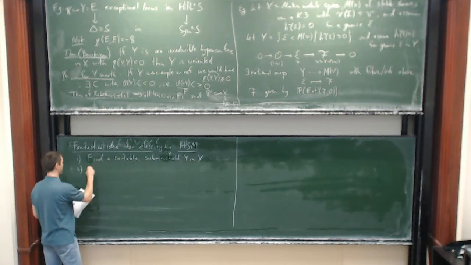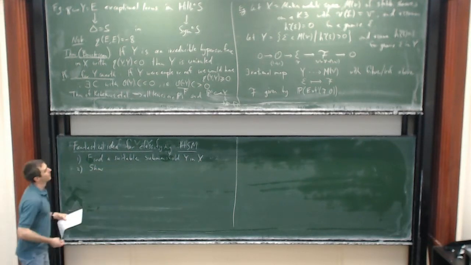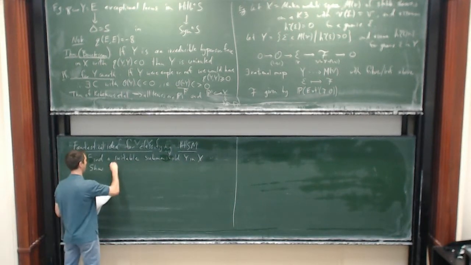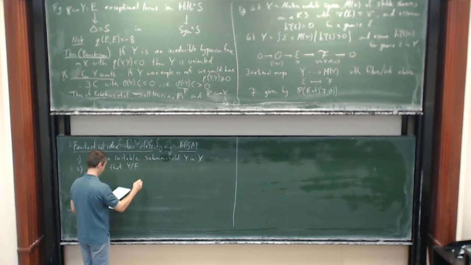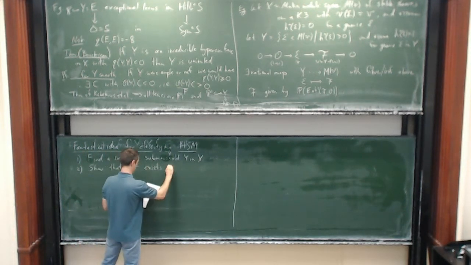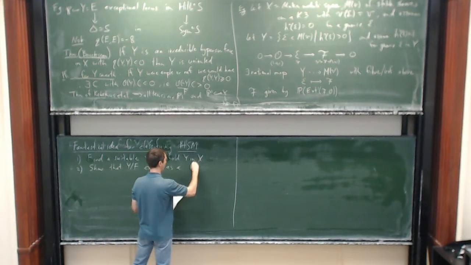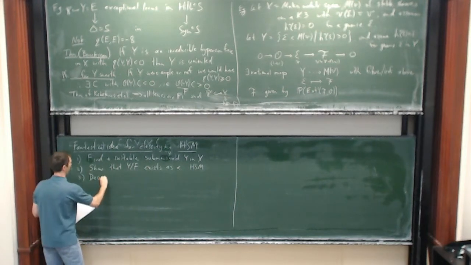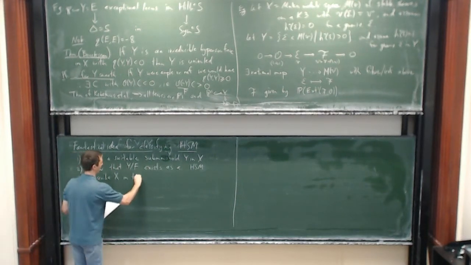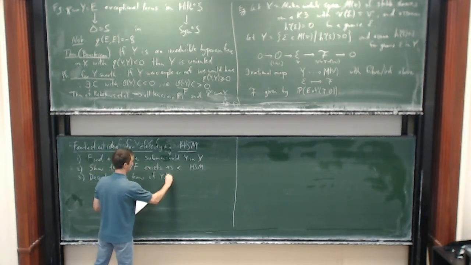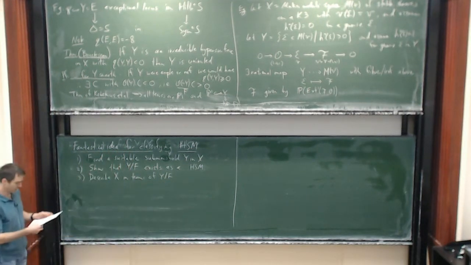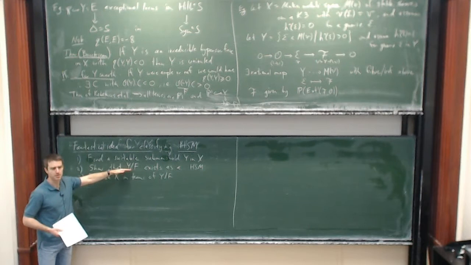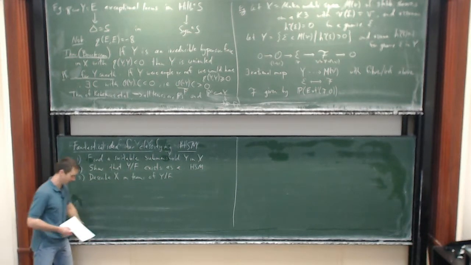And then secondly, show that the characteristic foliation has rationally connected leaves, and that you get a nice space of leaves as a holomorphic symplectic manifold. And then 3, describe X in terms of this lower dimensional guy. So ideally in step 2, you get a surface, so a K3 or an abelian surface. And then you want to try to describe X in terms of that K3 or abelian surface.